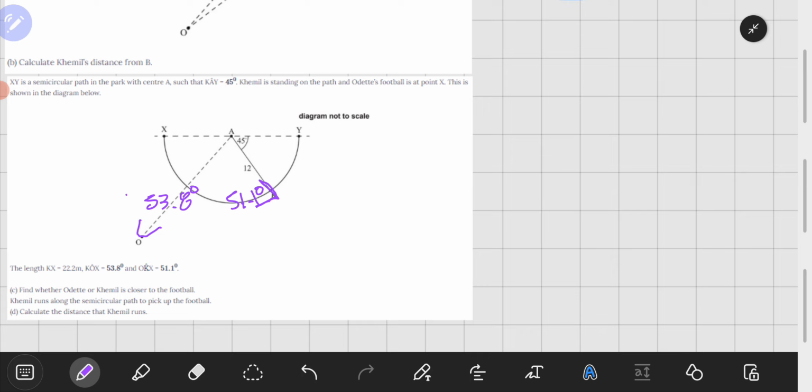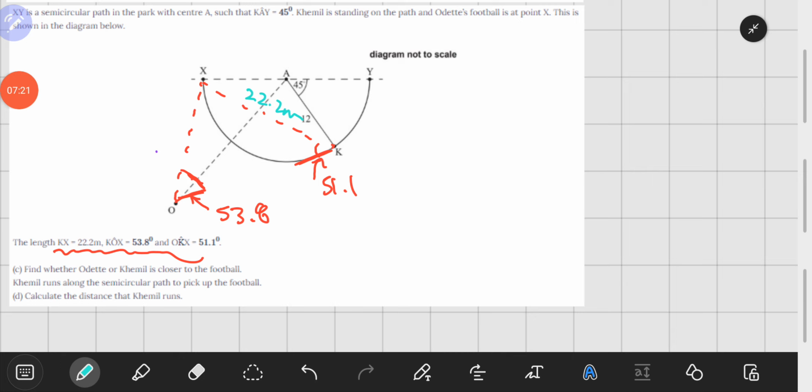We don't know this angle here, I believe, but to find the distance, we can use the law of sines. We're going to use ratios. I've listed out the given information to make it easier.